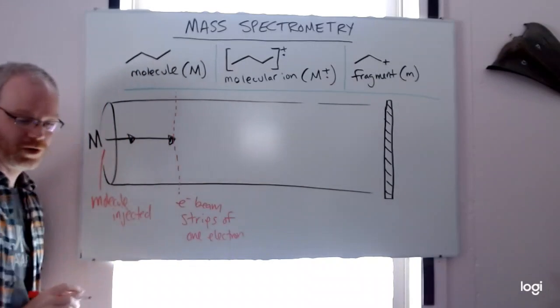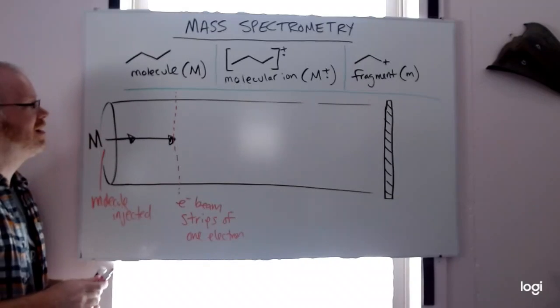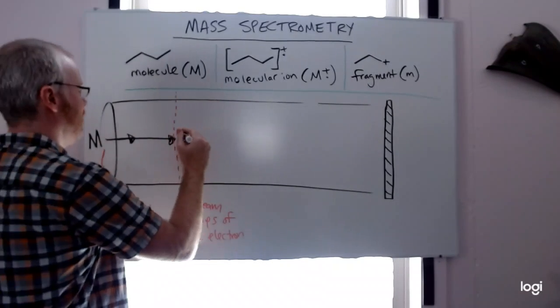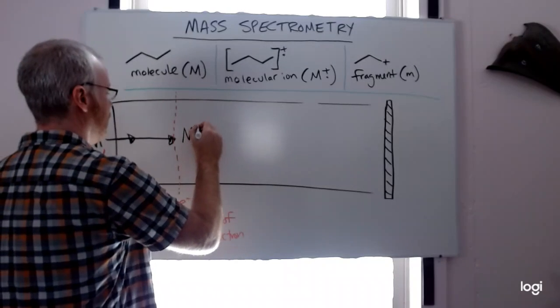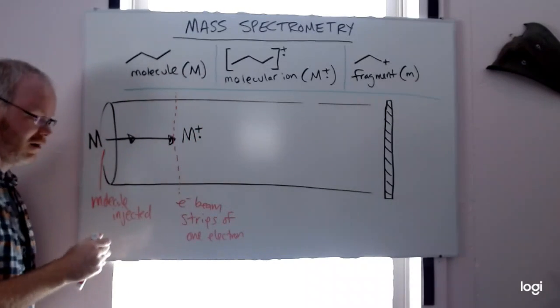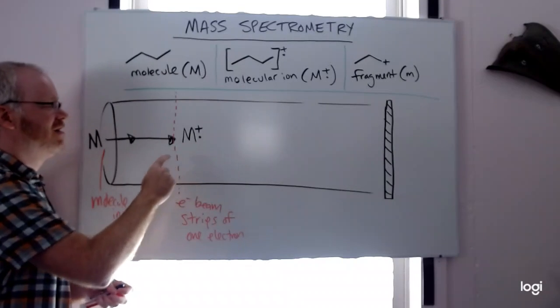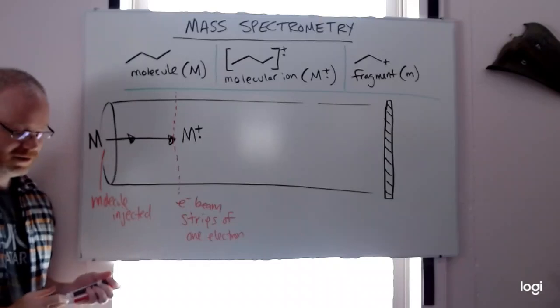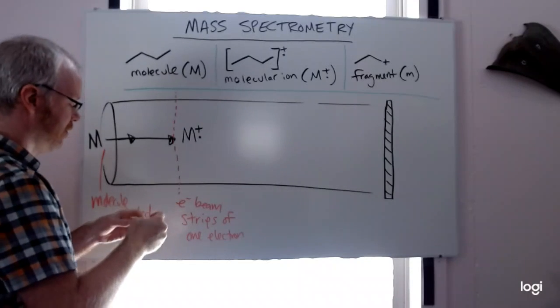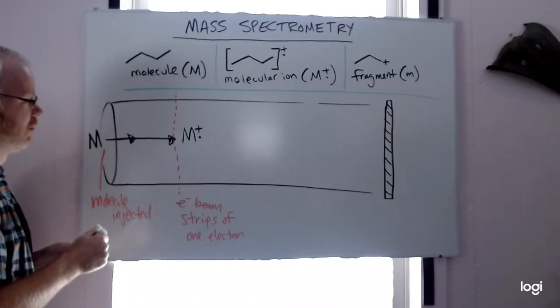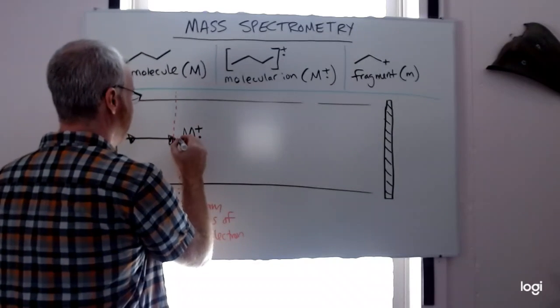So if everything's working well, we've taken an electron off that molecule, and then it's still intact per se, but now it's a radical. So it still maintains all of its mass. Of course, an electron does have mass, but very small. At this point, we're passing this molecule through. We've ionized it.